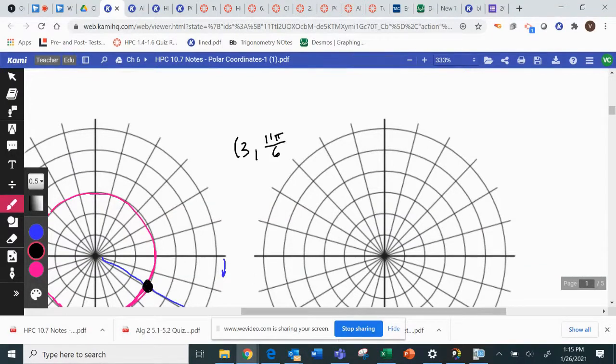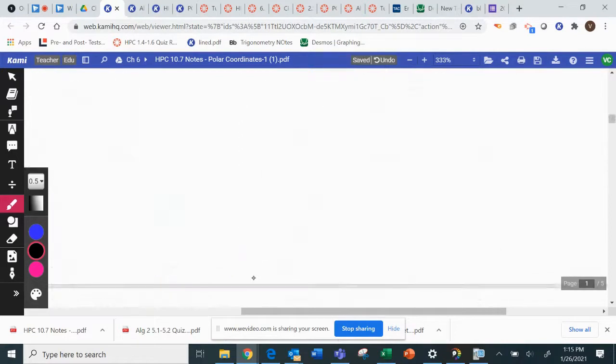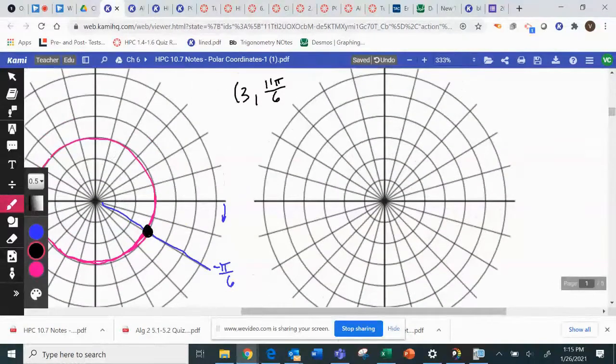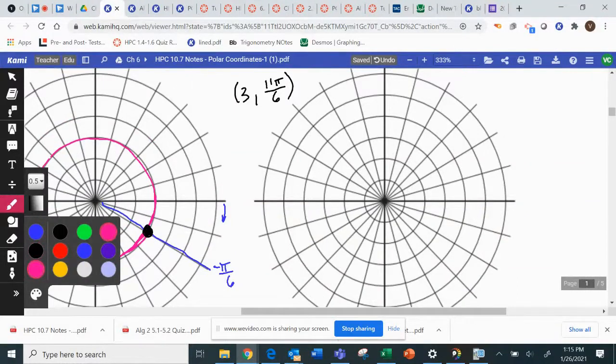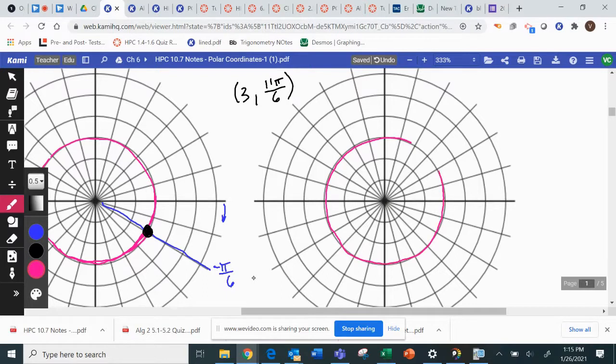See if you can do it. How did you do? Figure it out?